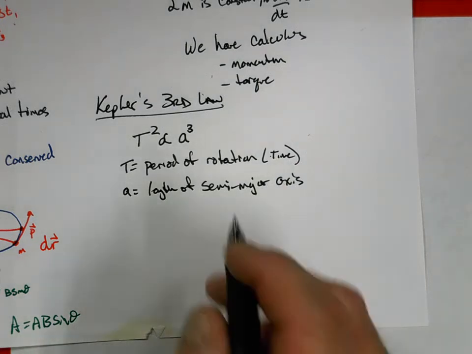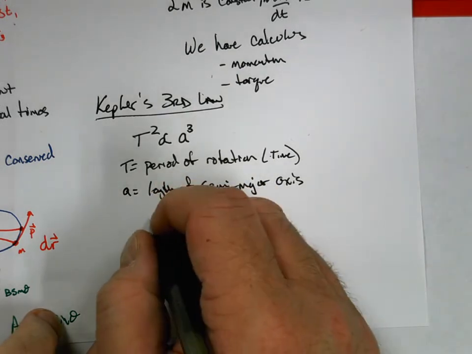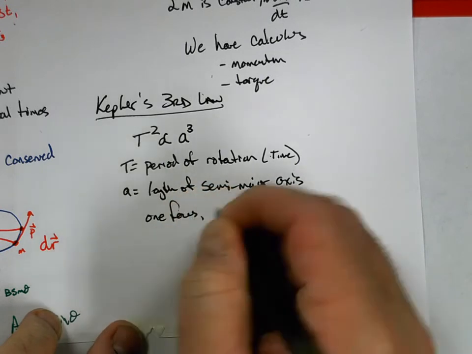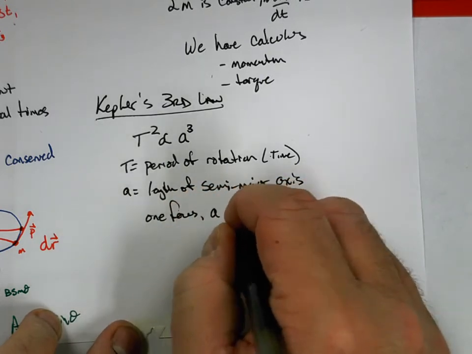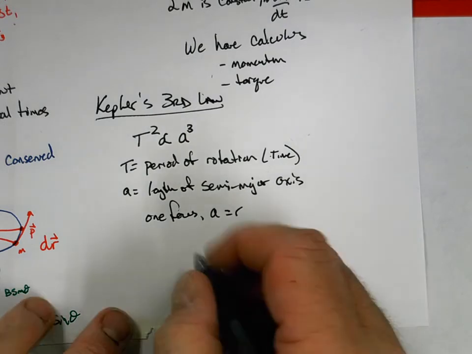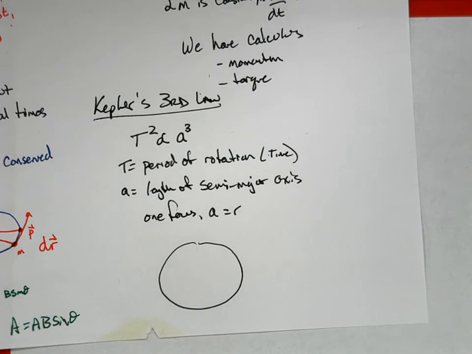So in this case, when there's one focus, a is equal to r. So we're going to start using r for this. So we have our circular orbit. I'm running out of room on here, so we're going to move on.